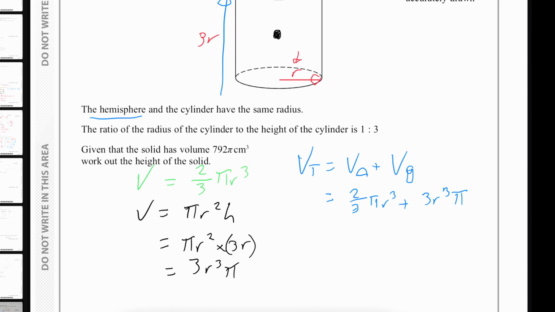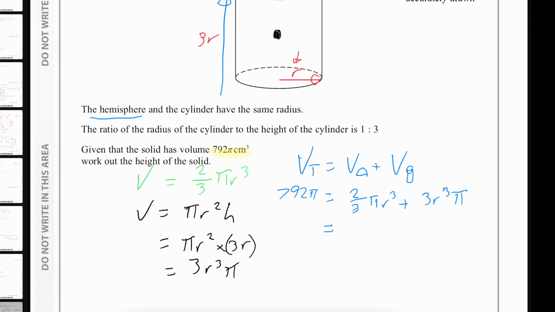And they told us near the end that my total volume is 792 pi. And now I just need to simplify all of this.